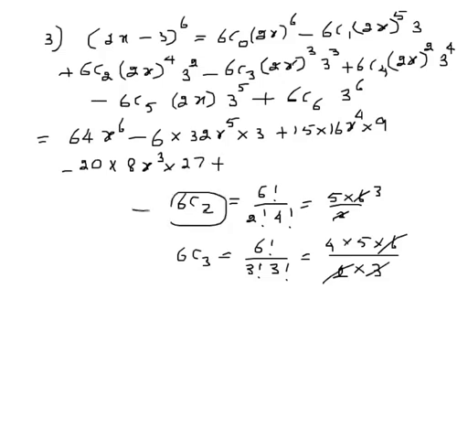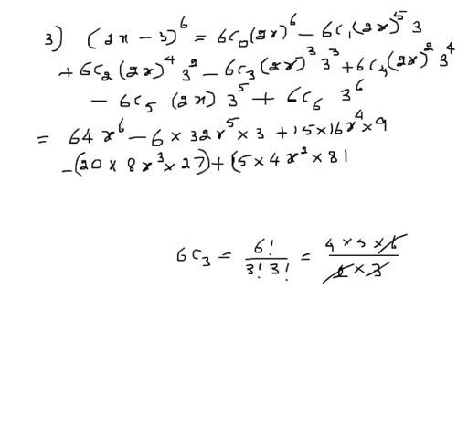Plus 6c4 and 6c2 are equal, which is 15. 2 square, x square, 3 raised to 4 is 81. And then minus 6c5 is 6 times 2x. 3 raised to 5 is 243. Plus 6c6 is 1 and 3 raised to 6 is 729.